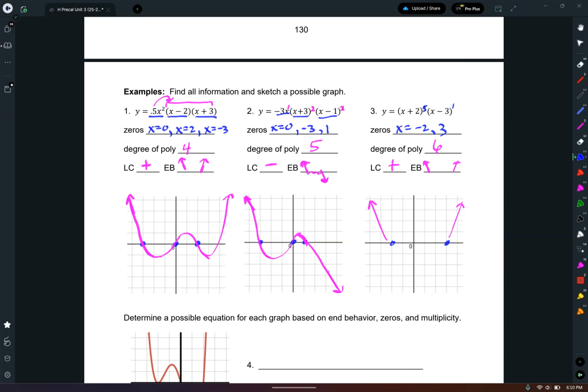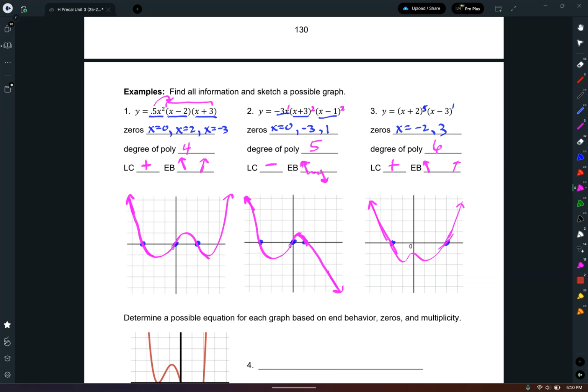So since both of them are odd, that means I'm going to pass through. Remember, odd degree means you pass through. And you might be saying, well, that looks like a parabola. Well, okay, maybe this is what the graph does. I don't know. Maybe the graph has a bunch of turns down here before it connects. I don't really know that for sure. I just know that it only passes through the x-axis twice.